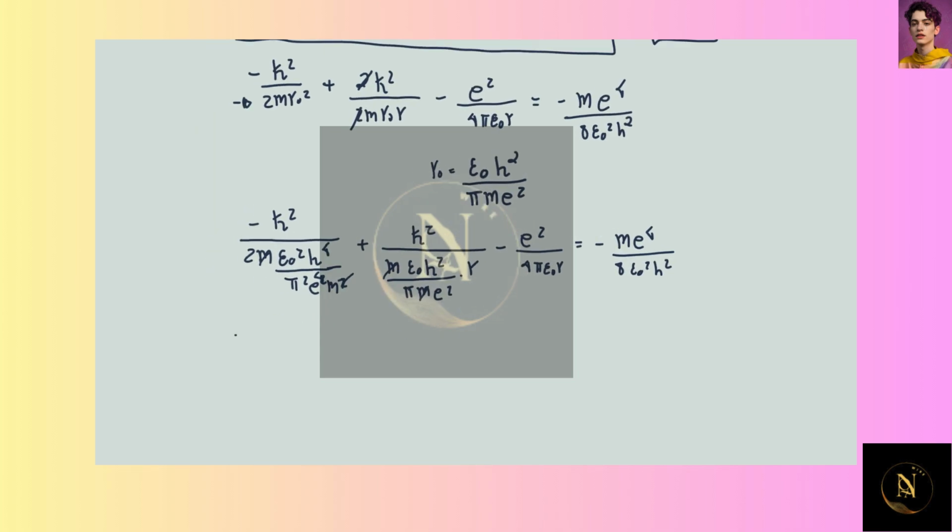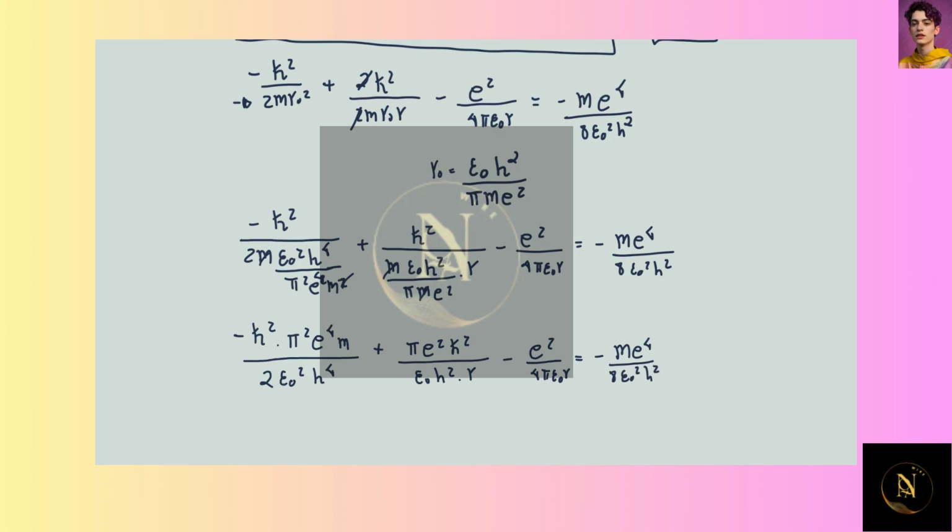So now we have minus h bar squared times pi squared e to the fourth times m, divided by 2 epsilon 0 squared h to the fourth, plus pi e squared h bar squared divided by epsilon 0 h squared times r, minus e squared divided by 4 pi epsilon 0 r, and this is equal to minus m e to the fourth over 8 epsilon 0 squared h squared.